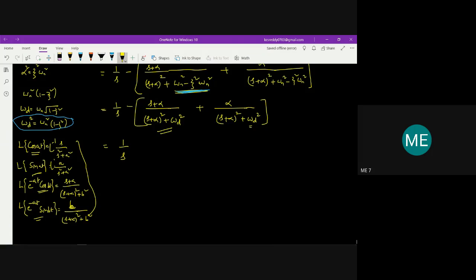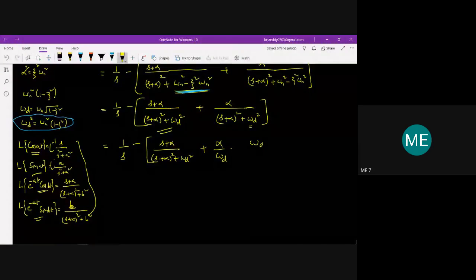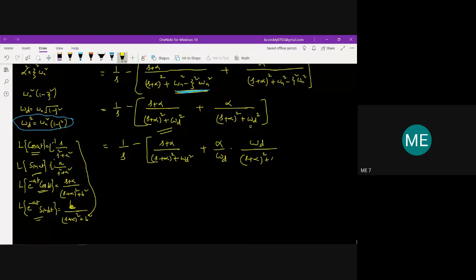In order to get that, I have to multiply and divide with omega d. So what will happen? (s plus alpha) divided by ((s plus alpha) whole square plus omega d square) plus, here I multiply and divide, alpha by omega d and omega d by ((s plus alpha) whole square plus omega d square).